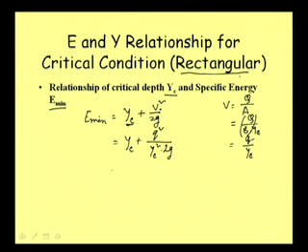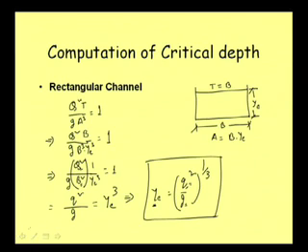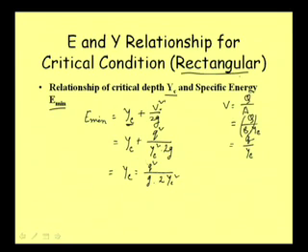From this expression we can write y c plus, we had one expression, q square by g. I am keeping it like that, and again I am writing 2 into y c square here. And q square by g, if we go to our previous slide, we could see that this expression q square by g is nothing but y c cube.